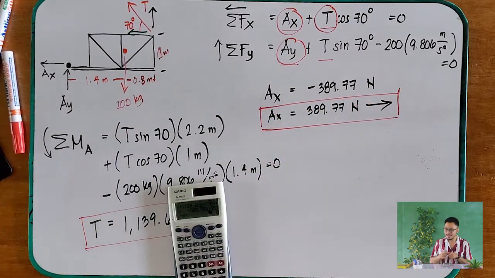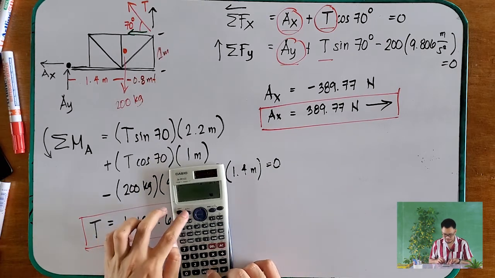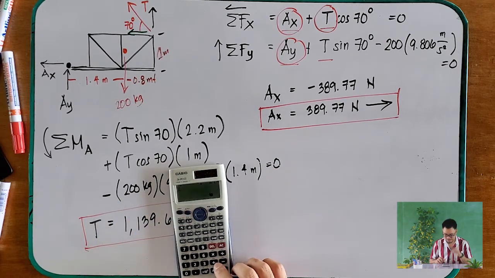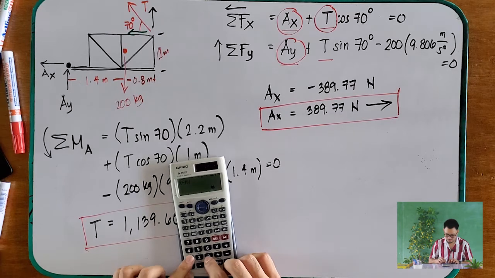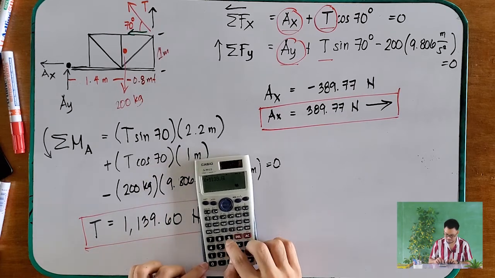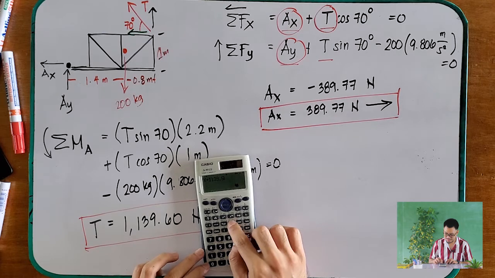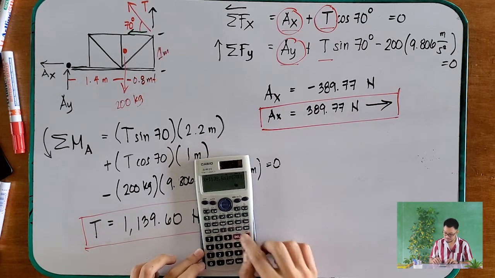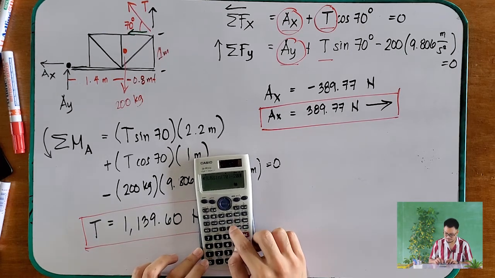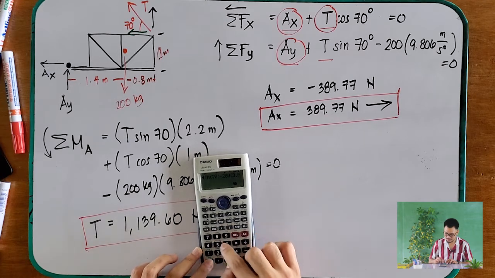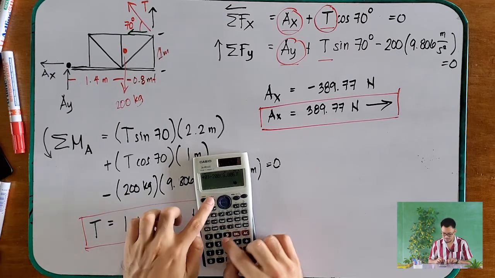And for our AY, AY plus 1,139.6 sine of 70 minus 200 times 9.806 equals 0.